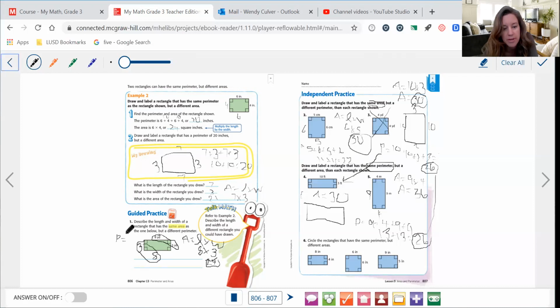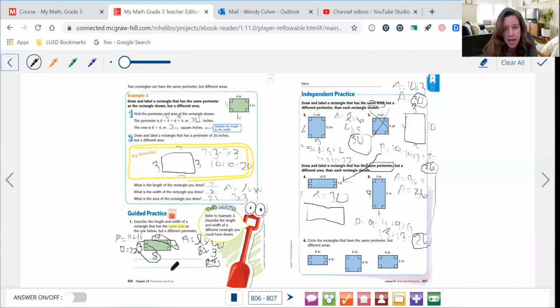Then your perimeter can be found by doing 11 plus 11, so then your perimeter would be 22. So whatever other rectangle we make, we want it to have an area of 24, but it's not going to have a perimeter of 22.